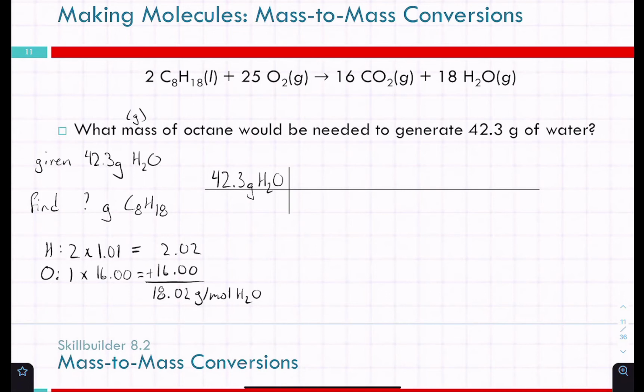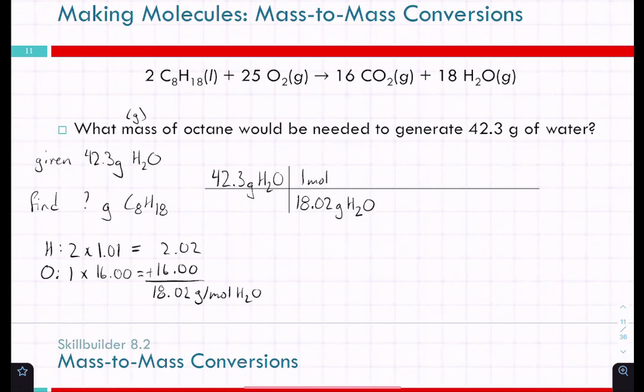So now how do I insert that conversion factor into the equation here? Yeah. The grams of water goes on the bottom. So 18.02 grams of water on the bottom.